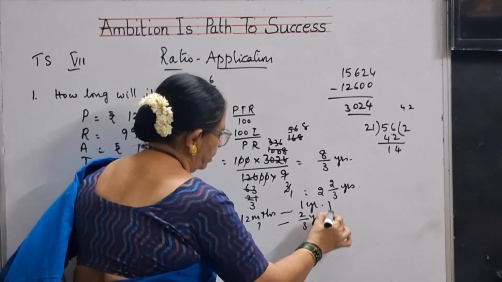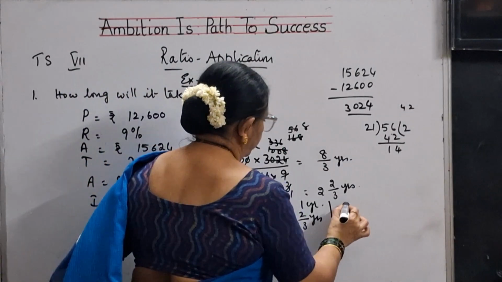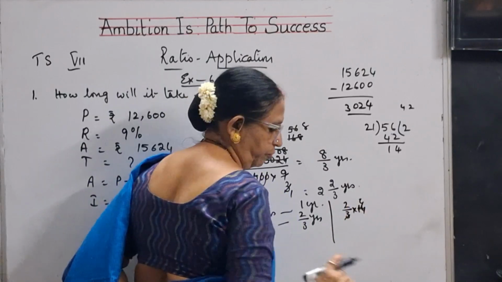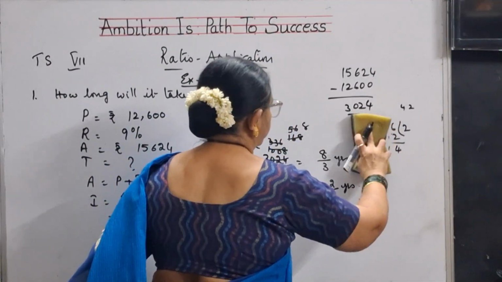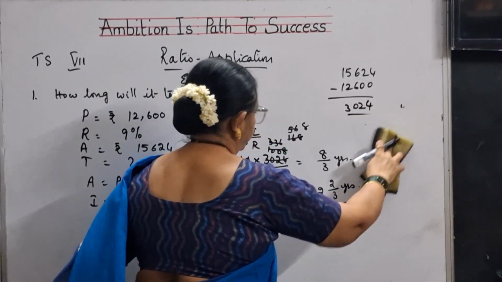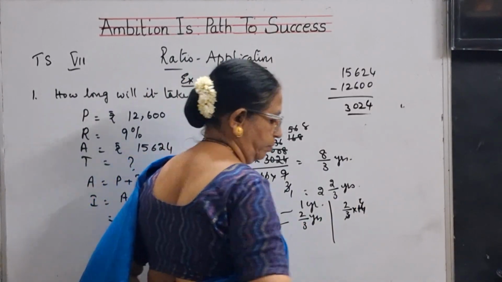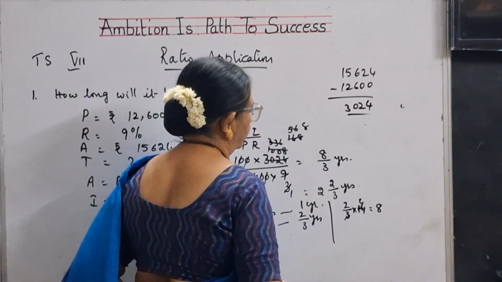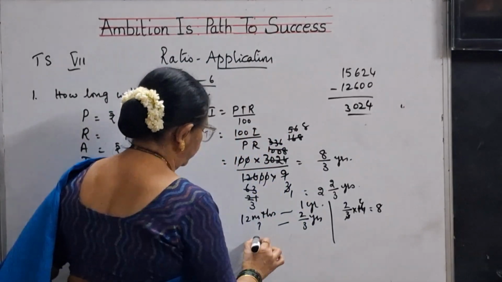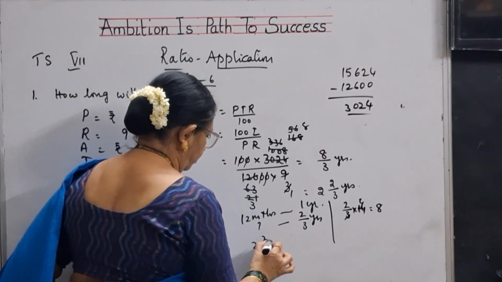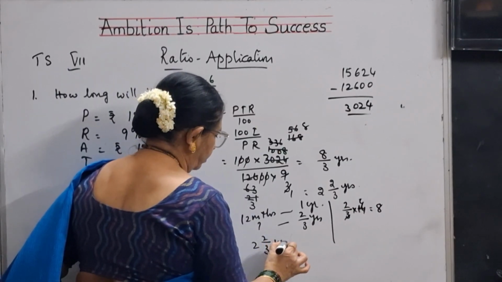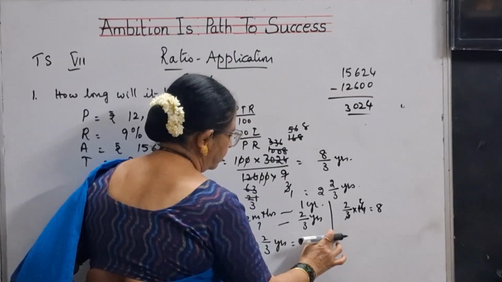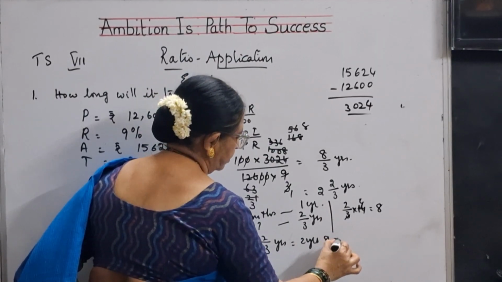You are getting 2 by 3 into 12, 3 fours are 12, so 2 fours are 8. That is 8 months. So 2 by 3 years can be written as 2 years, 8 months.